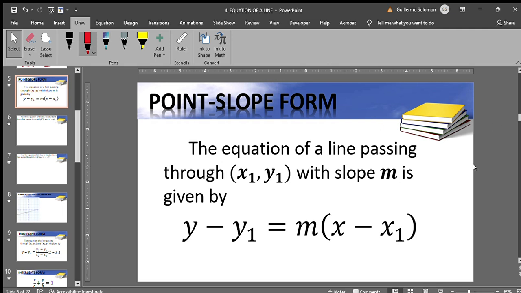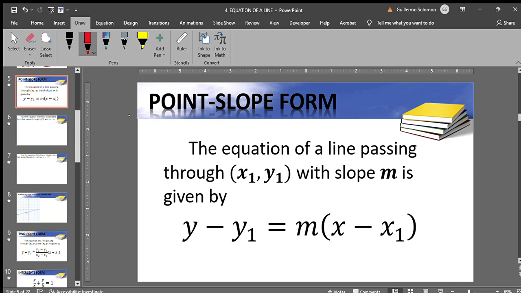Okay, hello everyone. So let us write the equation of a line using the point slope form. Okay, so we are going to use the point slope form to write our equation of a line. So tuwing kailan natin ginagamit si point slope form.